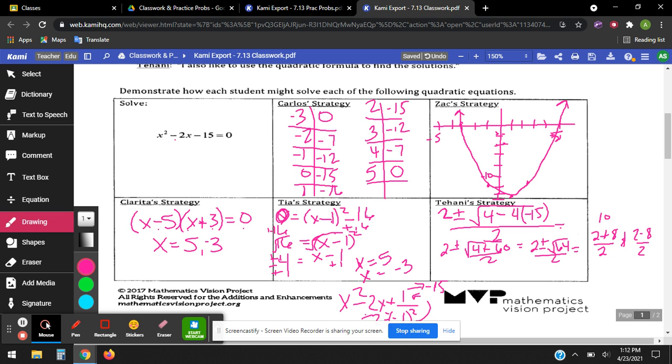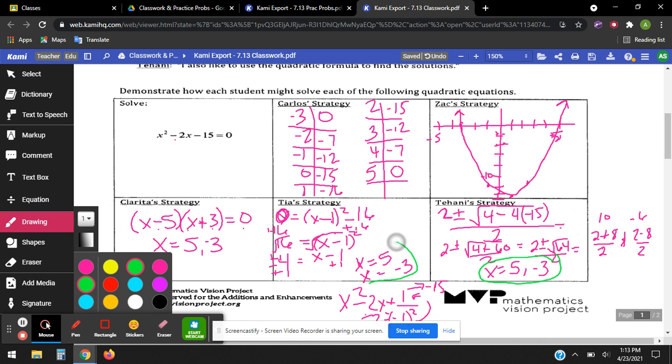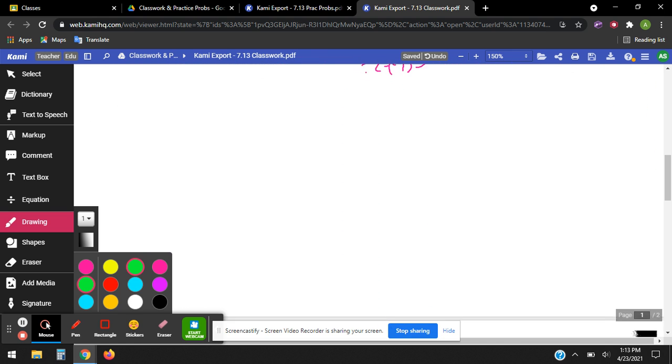Well, that's 10 and -6. 10 divided by 2 is 5. -6 divided by 2 is -3. We end up with our 5, -3 in all cases. Because here's the 5, the -3, 5 and -3. So we got it. Next one.